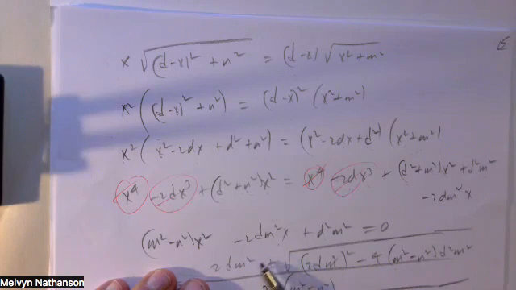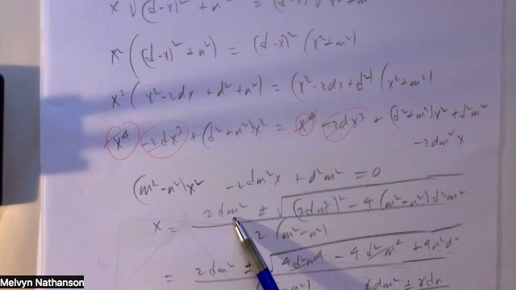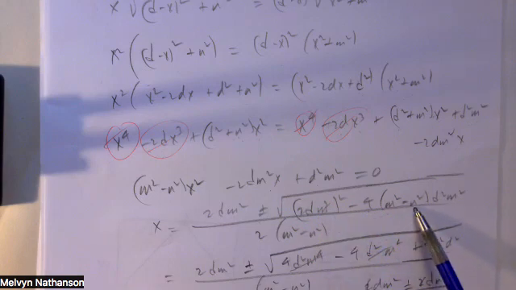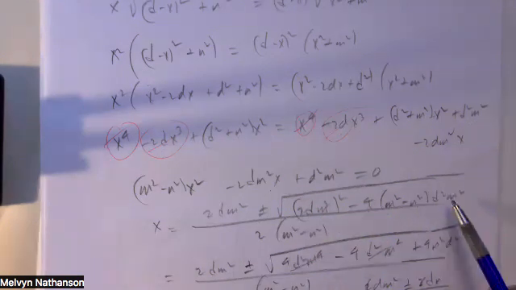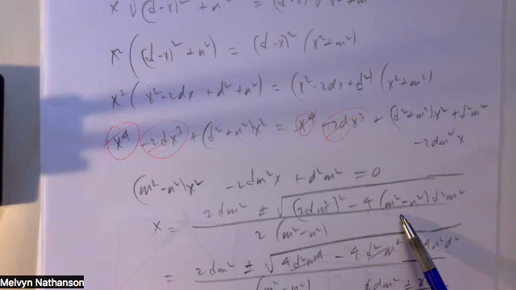So I'm left with 4 terms. M squared x squared minus n squared x squared minus 2d m squared x plus d squared m squared equals 0. So by the quadratic formula, x is equal to 2dm squared plus or minus the square root of this squared minus 4 times m squared minus n squared times d squared m squared, b squared minus 4ac.